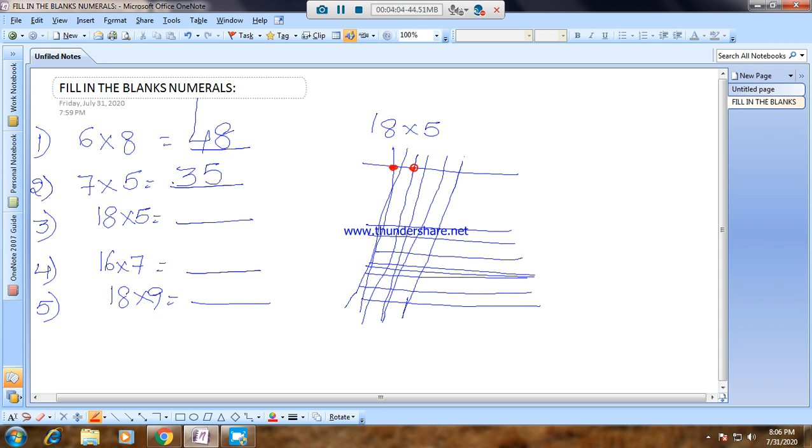This is 1 2 3 4 5, and here 1 2 3 4 5 6 7 8 9 10 11 12 13 14 15 16 17 18 19 20 21 22 23 24 25 26 27 28 29 30 31 32 33 34 35.